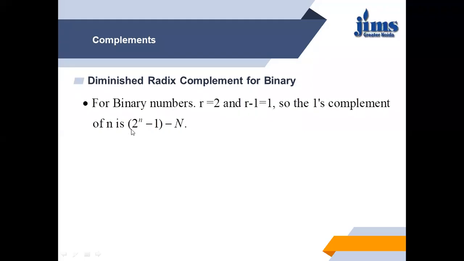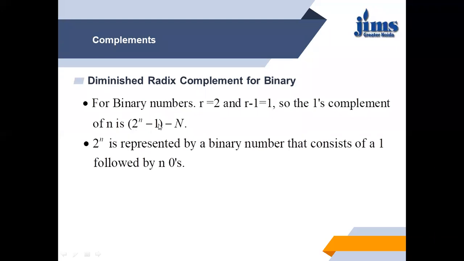First we have to calculate the value of 2 raised to power n minus 1, then we'll subtract n from that value. Now suppose 2 raised to power n is represented by a binary number that consists of a 1 followed by n zeros, as it was in the case of a decimal number.